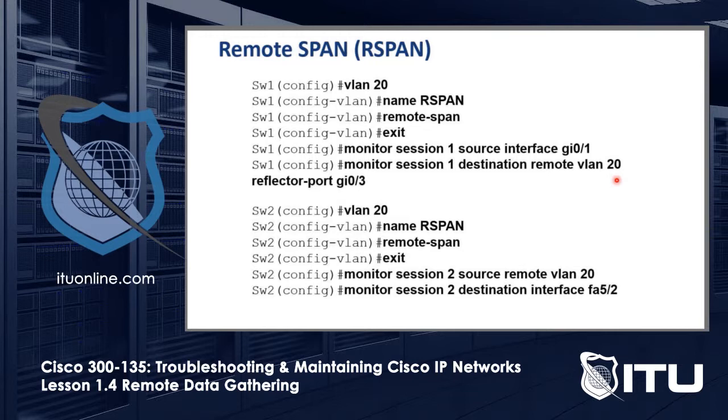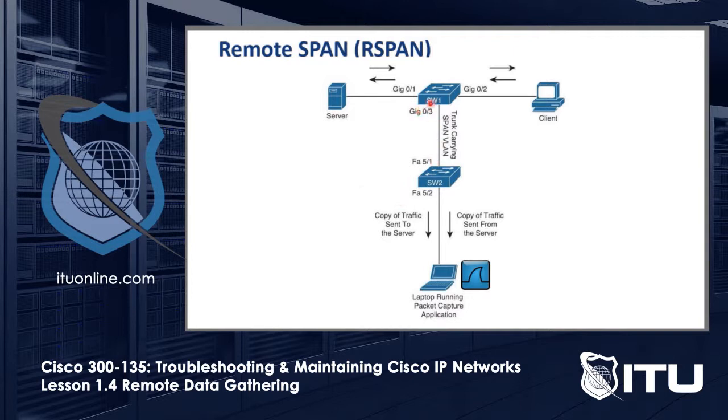So there's the difference. And then we have to add something else, the reflector port, saying, okay, VLAN 20, but what port is it going to come out of? In this case, it will come out physically out of gig 0/3. So if we go back here, it's coming VLAN 20, but out gig 0/3, which we presume is a trunk port, which, by the way, hopefully carries VLAN 20.